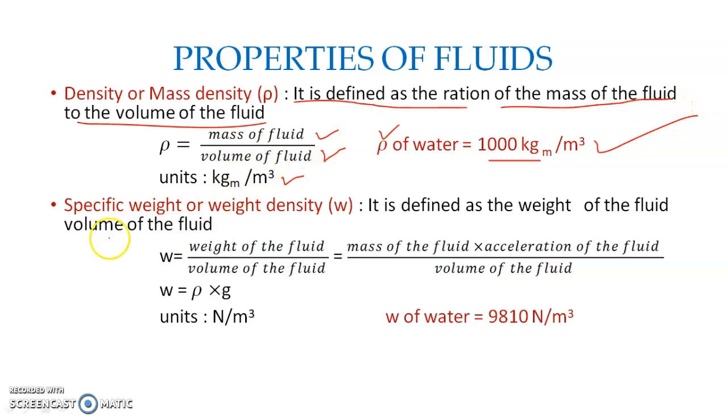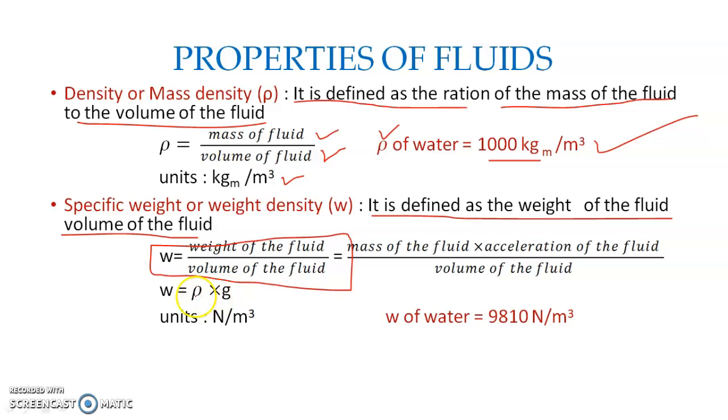Clear? Next topic is specific weight or weight density. It is defined as the weight of the fluid to the volume of the fluid. Suppose the weight of the fluid is W. So specific weight is equal to weight of the fluid divided by volume of the fluid. So W is equal to rho into g.